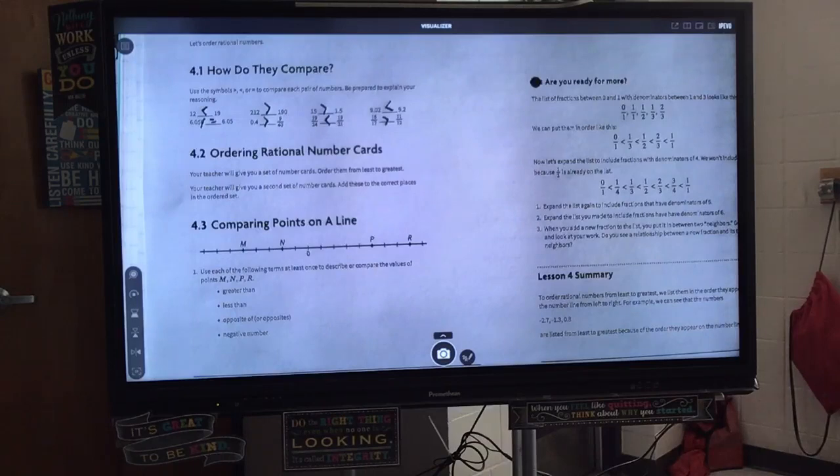When you look first, there's a 7 right there. That goes there, that goes there.